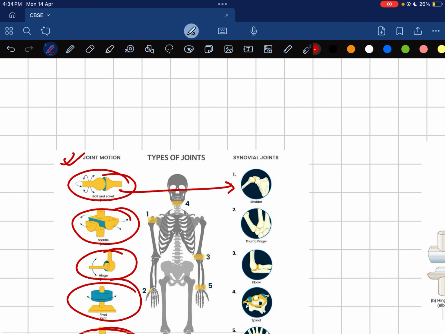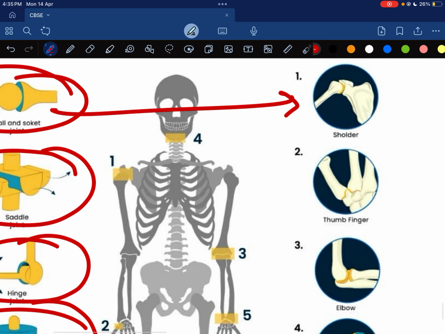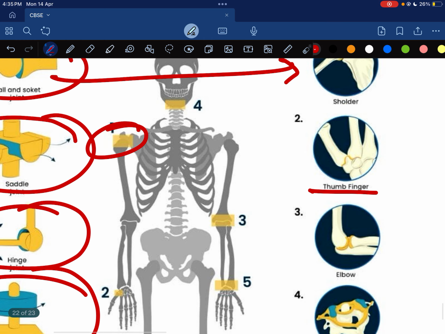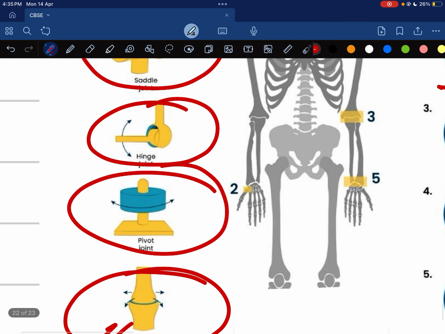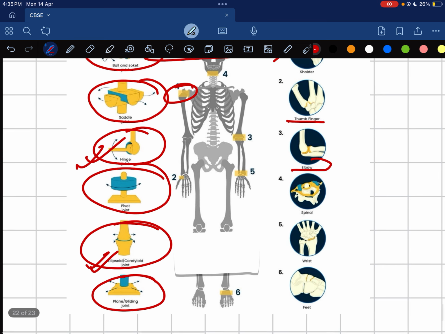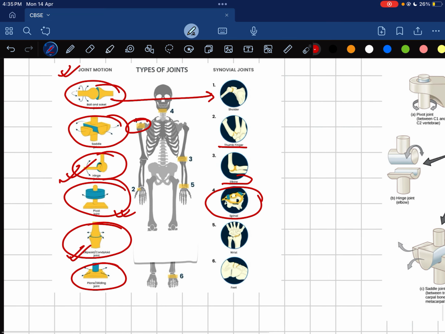Like the ball and socket joint in the shoulder joint, a synovial joint. This is the saddle joint, at the thumb. And when we look at the elbow joint, it is a hinge joint. The pivot joint is the first spinal pivot joint.